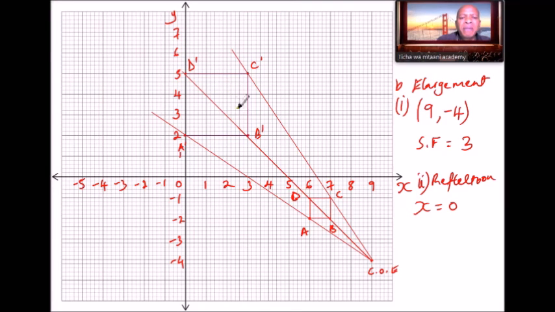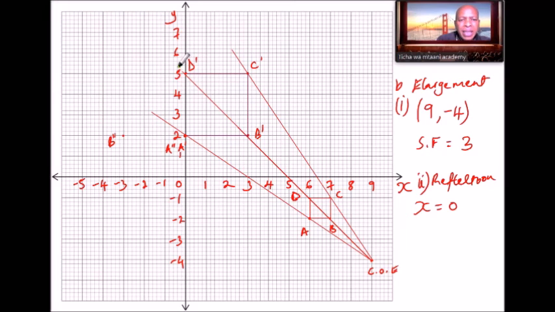So x equals 0 is this line. When you reflect A, it will be in the same position. So our A double prime will be the same position, because the mirror line x equals 0 is actually the y-axis. When you reflect B, it is 3 units on the positive side, so B double prime will be 1, 2, 3 on the opposite side.